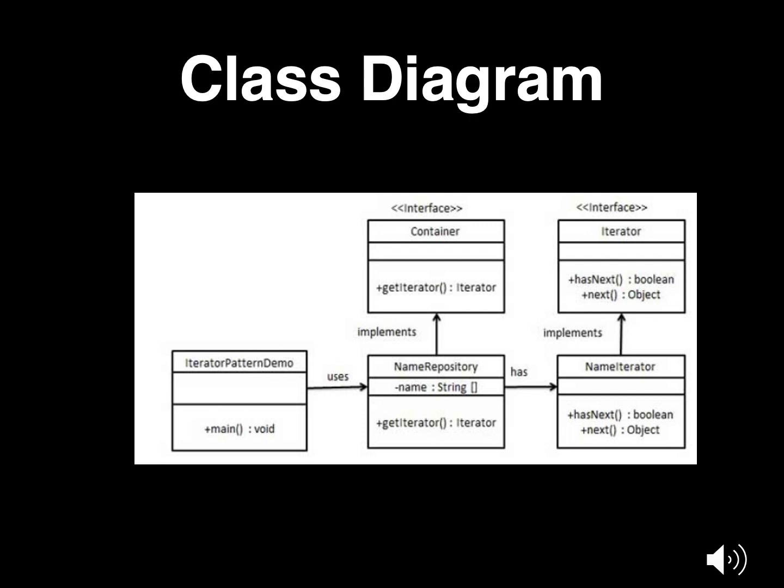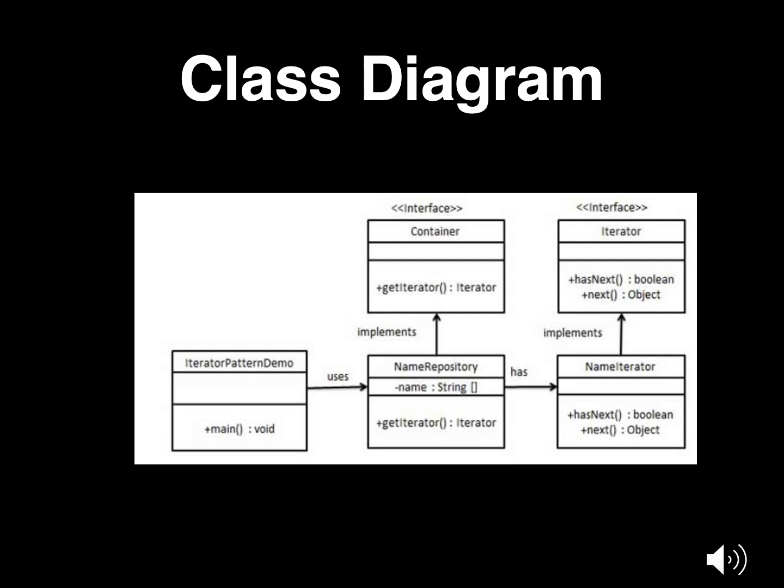The container interface will provide the reference of its iterator. The iterator will be used to iterate the data inside that container. And there is a second concrete class of container which is named repository. It will contain the data. As you can see, there is the data structure of strings, or you can take an array of strings, and it is implementing the get iterator method.